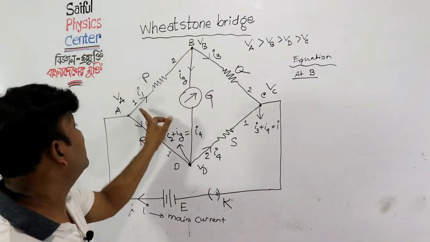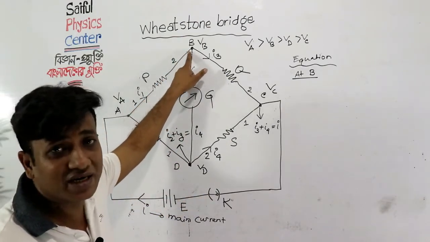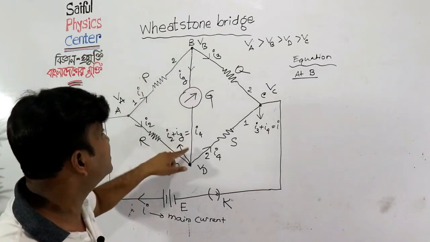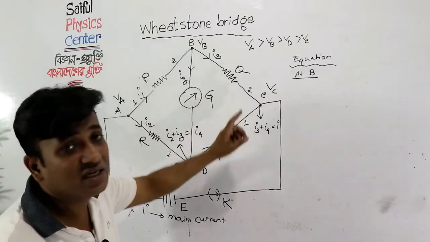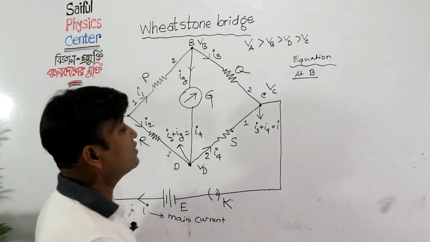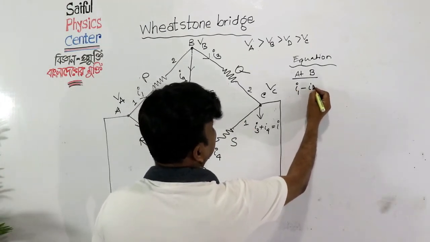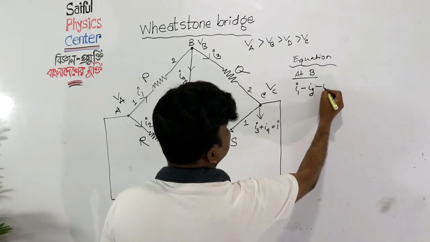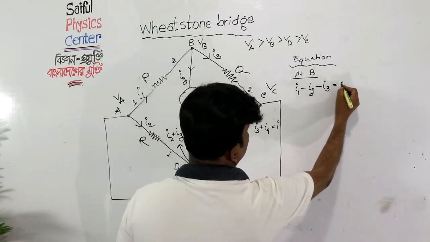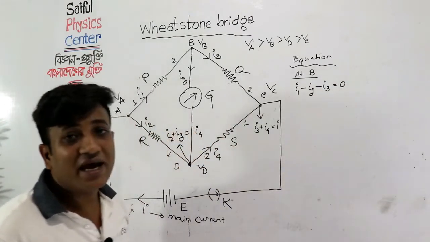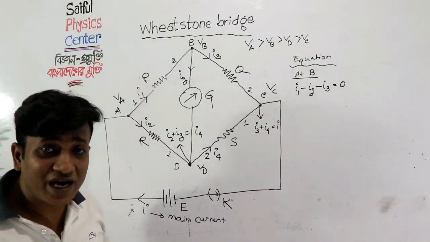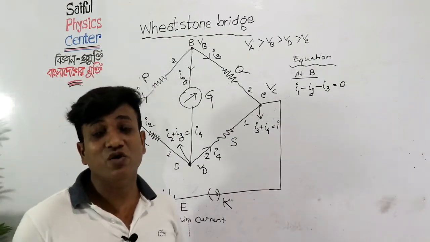Here at point B, I1 is the incoming current, and IZ and I3 are outgoing currents. So according to the junction law, I1 minus IZ minus I3 equals 0. Here IZ and I3 are minus because they are outgoing currents.